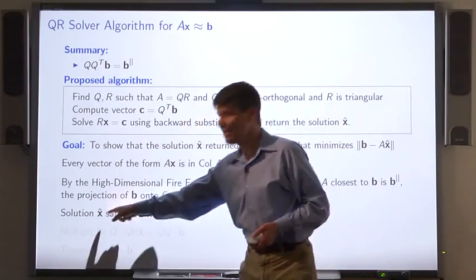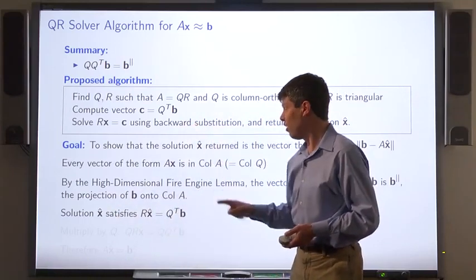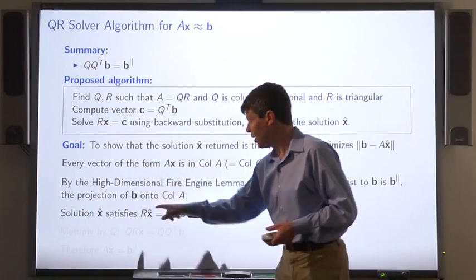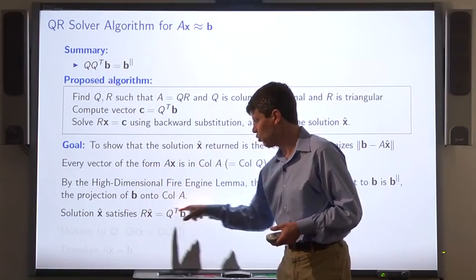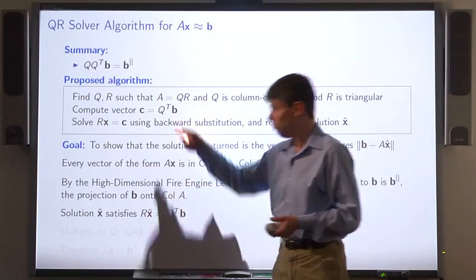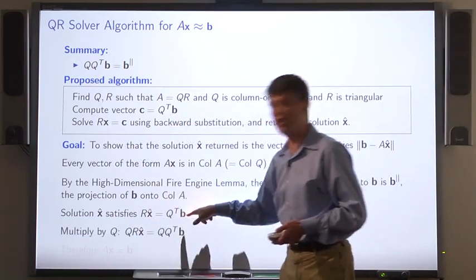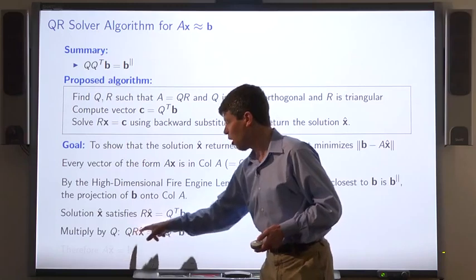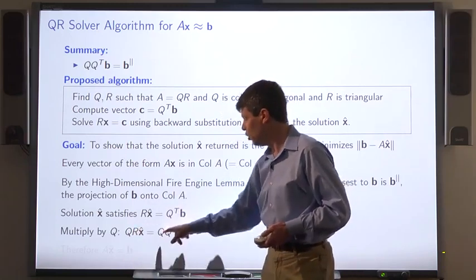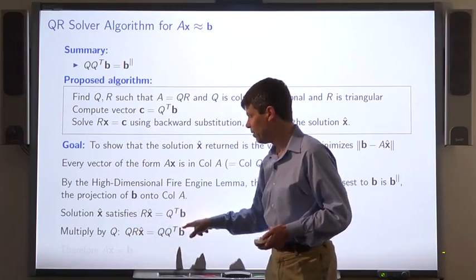The solution x hat given by this algorithm satisfies the equation R times x hat equals Q transpose times b, because that's how we got it. We multiply this equation by Q, we get Q times R times x hat equals Q times Q transpose times b.